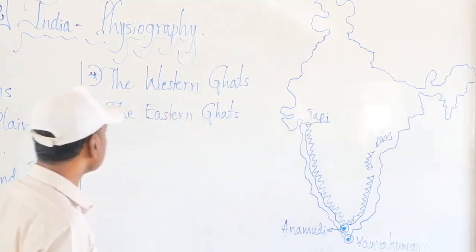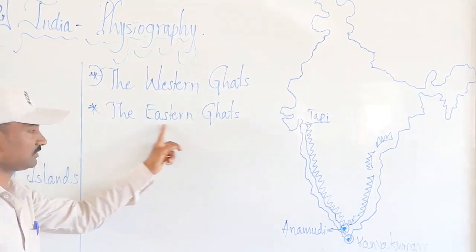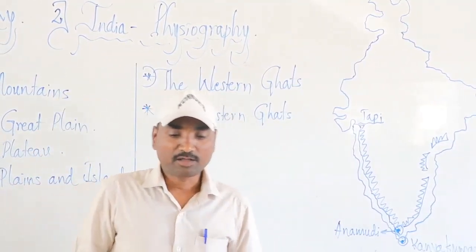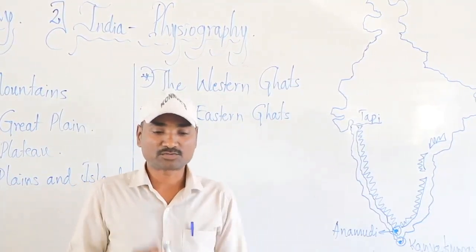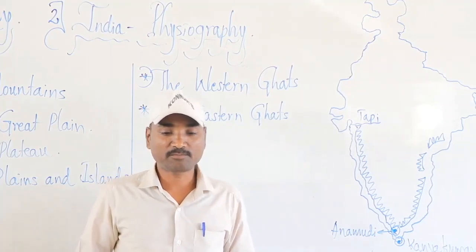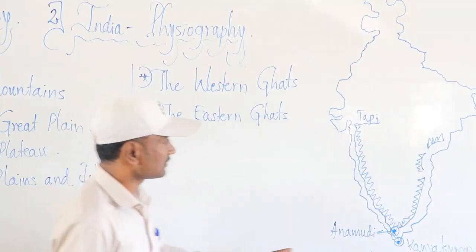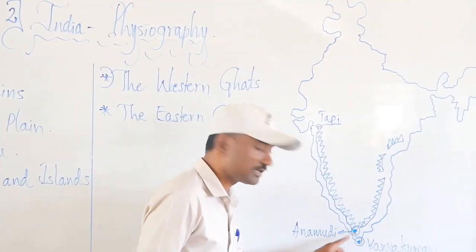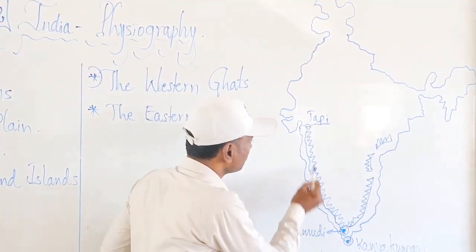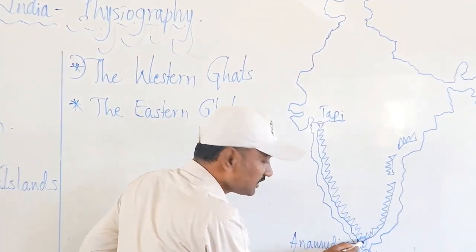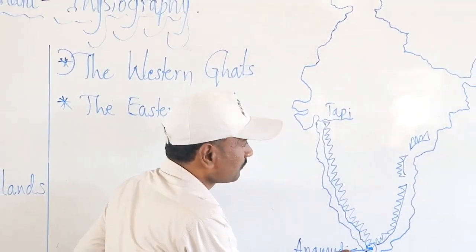Now we are going to discuss the Eastern Ghats. It runs almost parallel to the east coast. It extends from the Mahanadi Valley in the north towards the Nilgiri Hills in the south. This is the Nilgiri Hill. Both the Western Ghats and Eastern Ghats meet in the Nilgiri Hills.